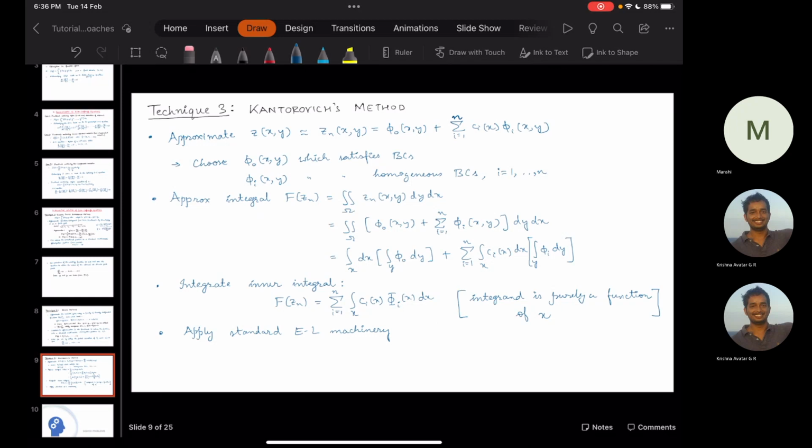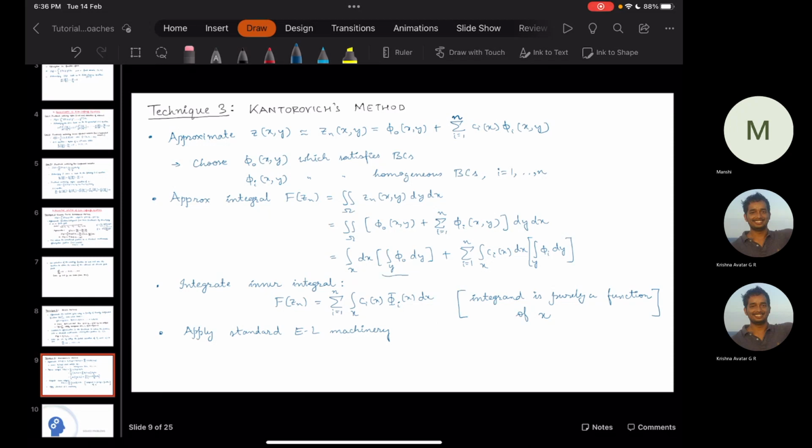And this is defined over a domain omega, zn of x, y, dy dx. We substitute the expression of zn(x, y) here, rearrange it, and express it as an integral over y.